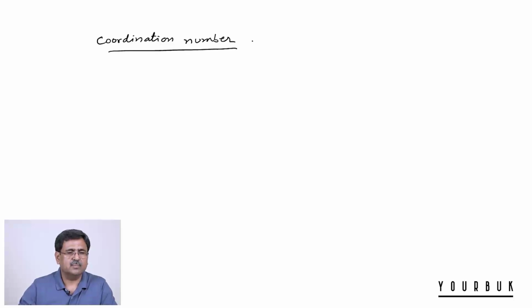Next we define the meaning of coordination number. Now this coordination number is defined as the number of nearest neighbors.